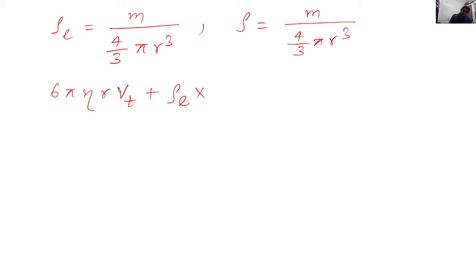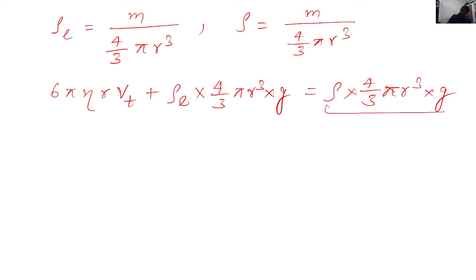So mass is nothing but density times volume. This is the buoyant term, is equal to the mass of the sphere, so that is the weight of the sphere. So that is the mass of the sphere times the acceleration due to gravity. So this is nothing but the downward acting gravity force. This is the upward acting buoyant force, and this is the upward acting viscous force.